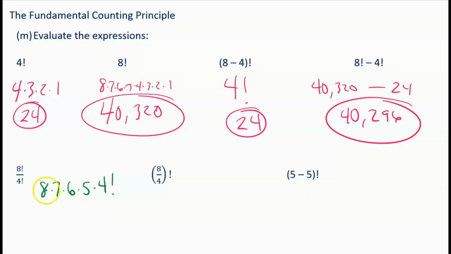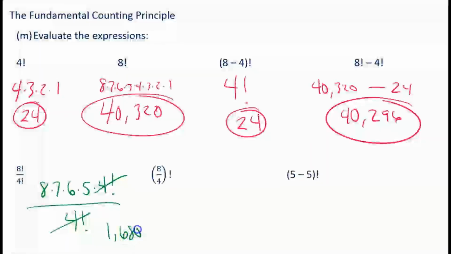So notice I wrote 8 times 7 times 6 times 5 times 4 factorial. And in the denominator, I have 4 factorial. Now what happens is that 4 factorial cancels with that one, and my answer is just 8 times 7 times 6 times 5. And that's 1,680.